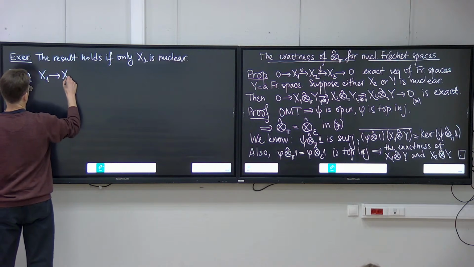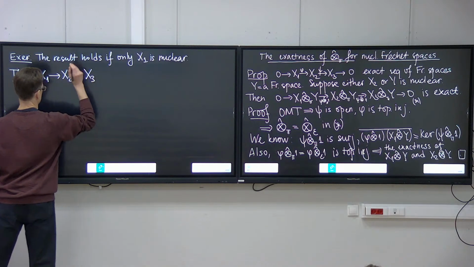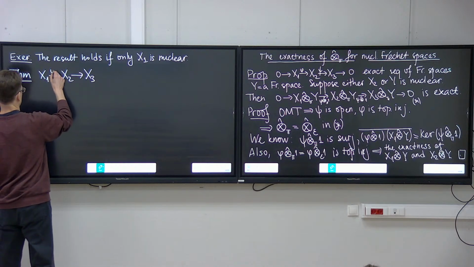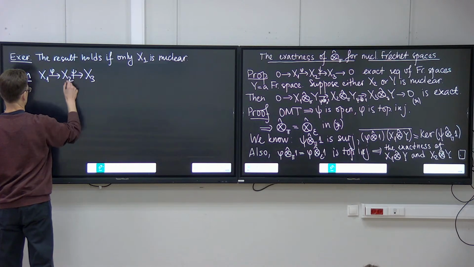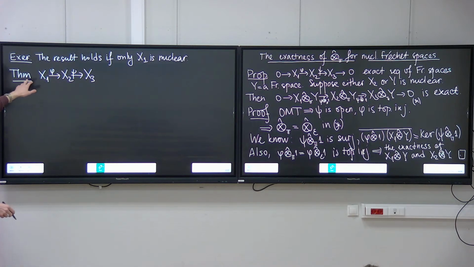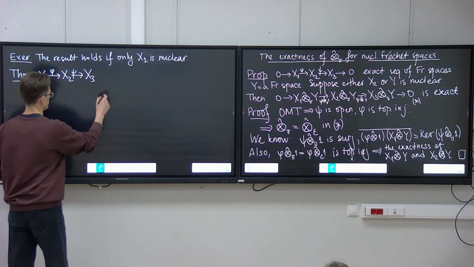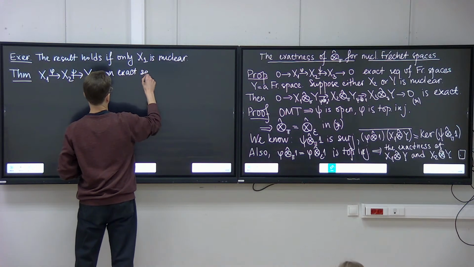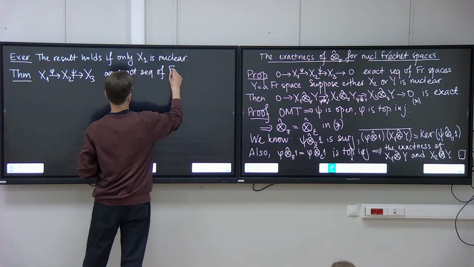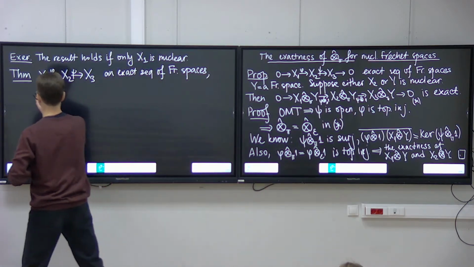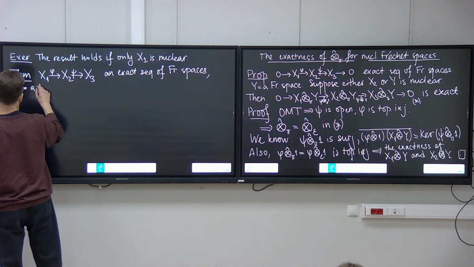Suppose we have an exact sequence of Fisher spaces of the following form, so we don't consider 0 here and 0 here. In other words, phi is not necessarily injective, psi is not necessarily surjective. The exact sequence of Fisher spaces. Y is a Fisher space.